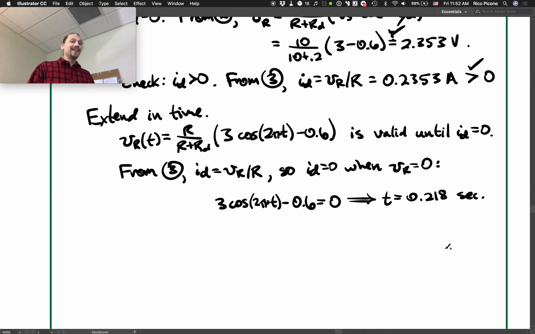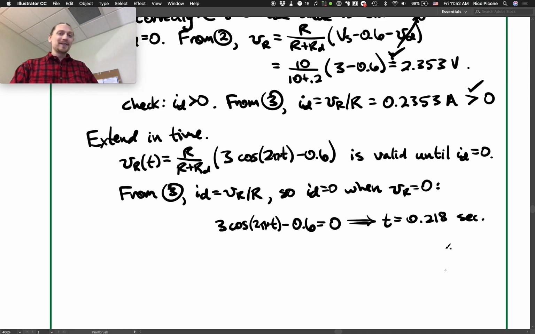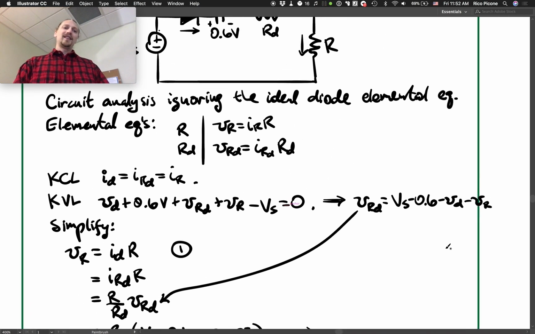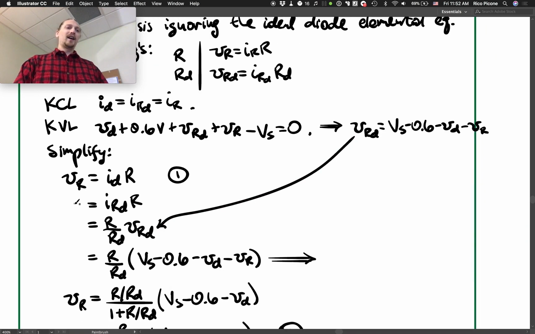And then it's not valid, right? Because this assumption fails. So we actually know in this case what the solution is going to be, because it has to flip to the other solution. But the other solution is really easy. The other solution is that VR is just ID times R, but ID is going to be 0. And so VR is going to be 0.